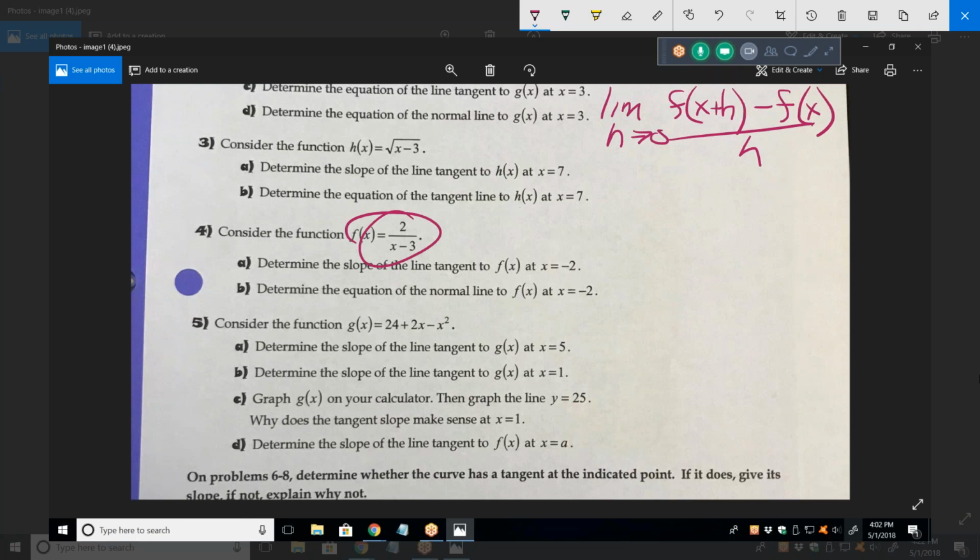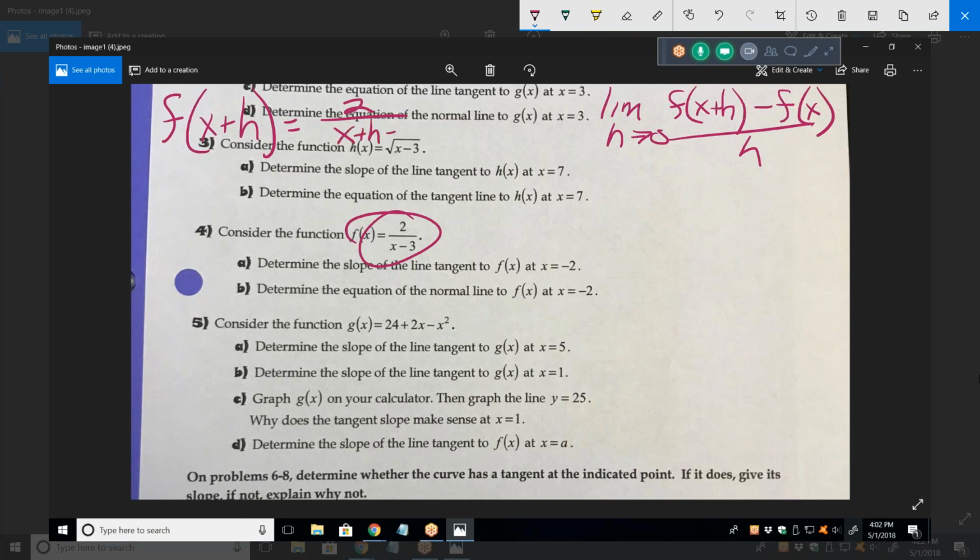The way you do these is you always start out by listing what f of x plus h is. So f of x plus h would be 2 over x plus h minus 3.